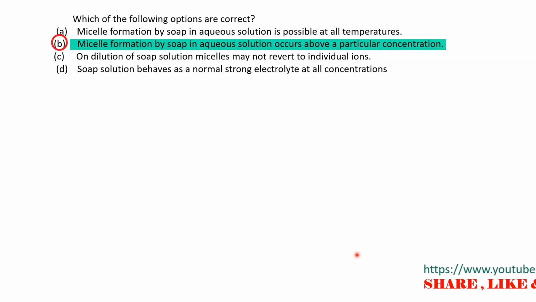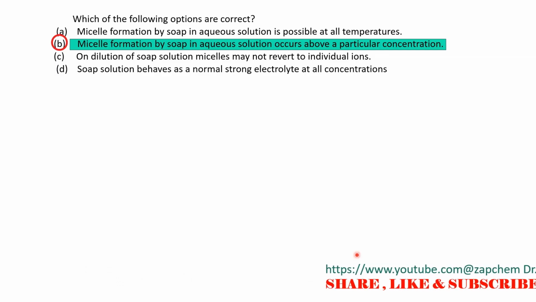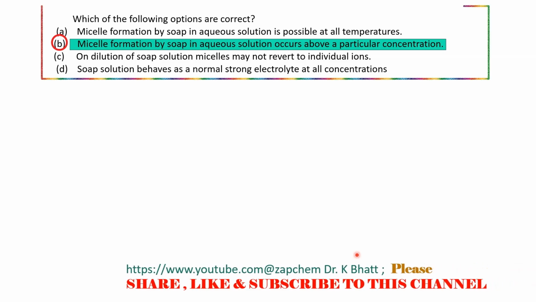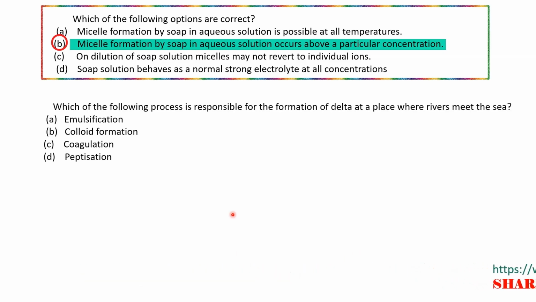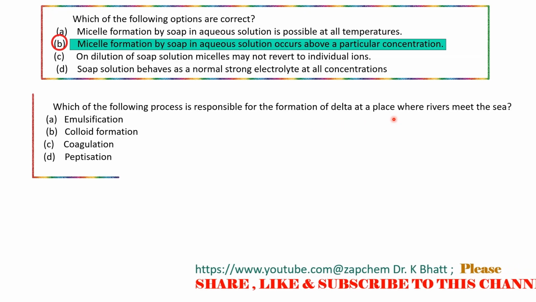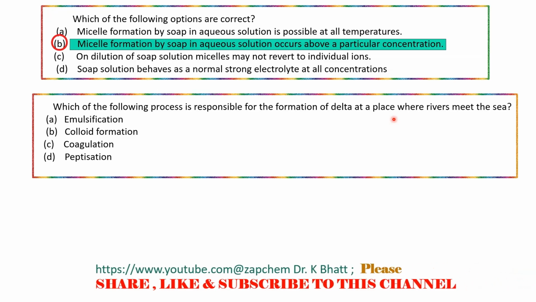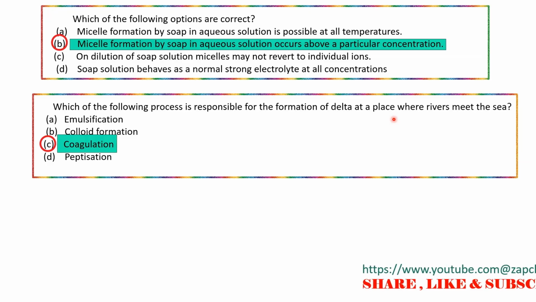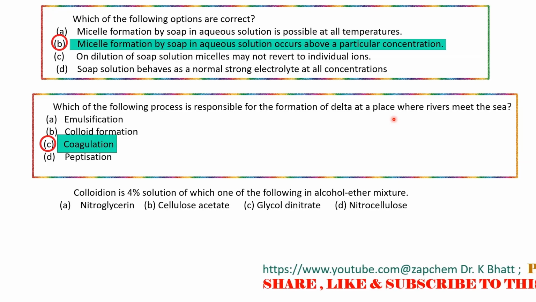That's what we have already taken up, and that is critical micelle concentration, CMC. Next question, which of the following processes is responsible for formation of delta at a place where rivers meet the sea? The option is coagulation, that is option C is correct.